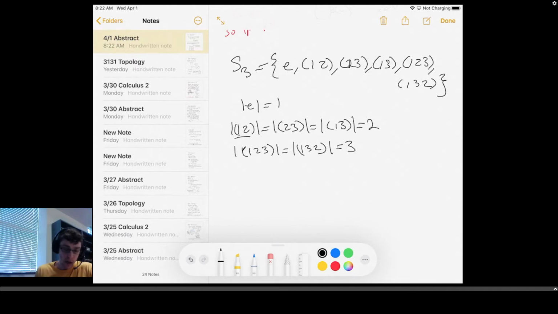Then I wanted you, just because we hadn't really seen this, you can't really do interesting disjoint cycles inside S3, right? Because the only disjoint cycles, you're going to have one of size 1, which is just do nothing. So we went up to S4 and said, think about (1 2)(3 4) in S4.